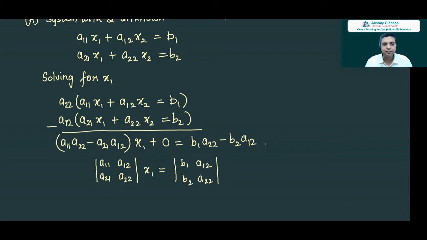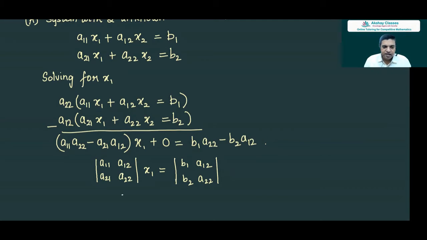Just observe. This one is the determinant of the coefficients of the unknown variables, whereas this determinant is obtained by replacing the coefficients of x1, that is a11 and a21, by the corresponding constants b1 and b2.